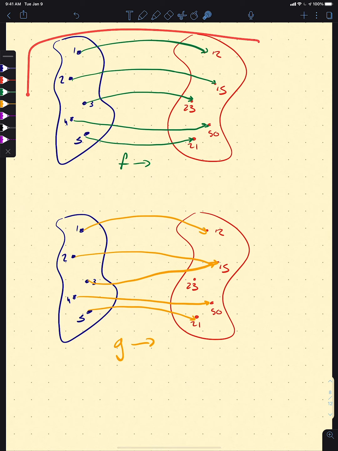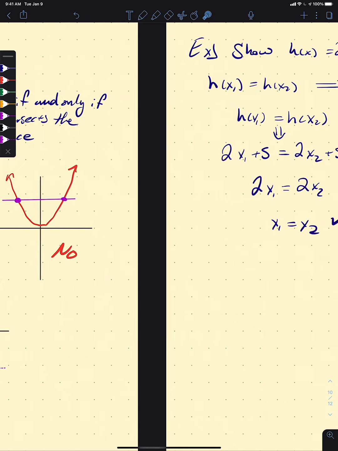Versus with one-to-oneness, we can come up with a notion of going back, some sort of inverse function. Just like we have multiplicative inverses to undo multiplications, we have an inverse function to undo our function. So let's write down our definition here.